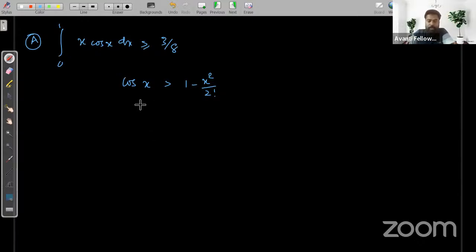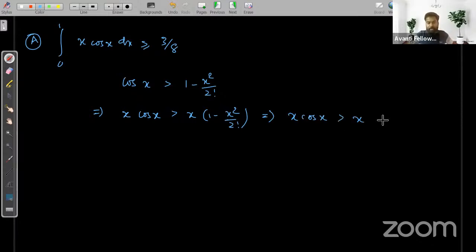If we multiply x on both sides, what will happen? x into cos x is greater than x into 1 minus x square by 2 factorial. So this becomes x cos x is greater than x minus x cube by 2. Yes or no?